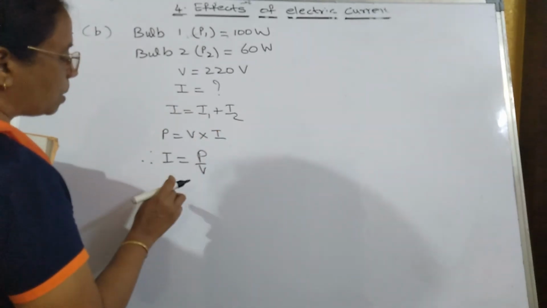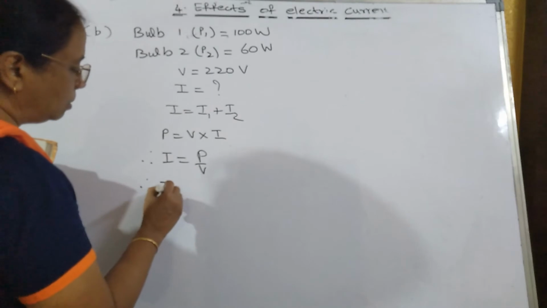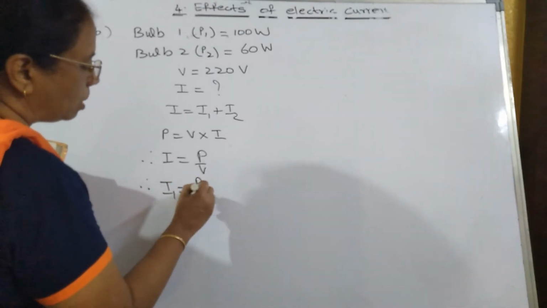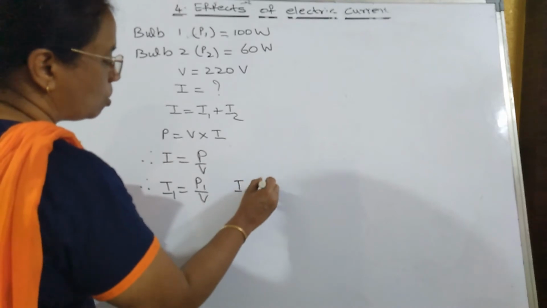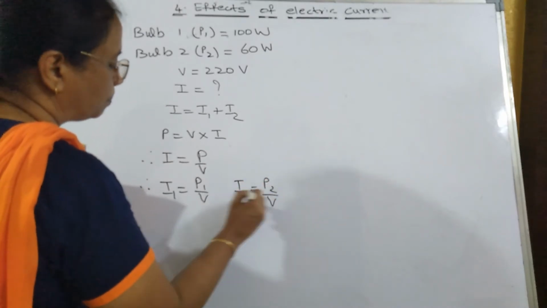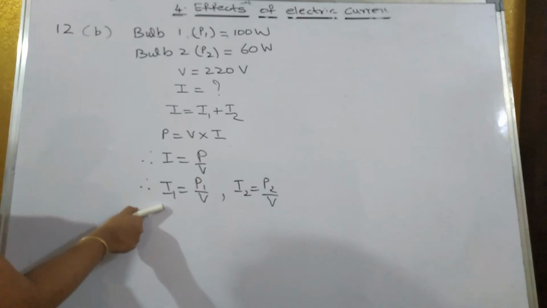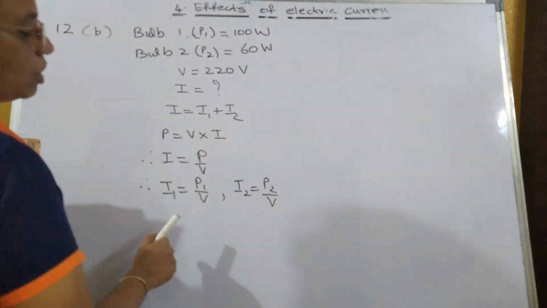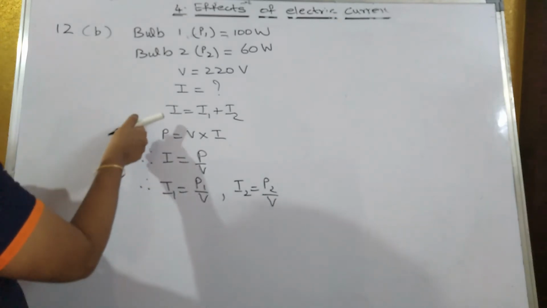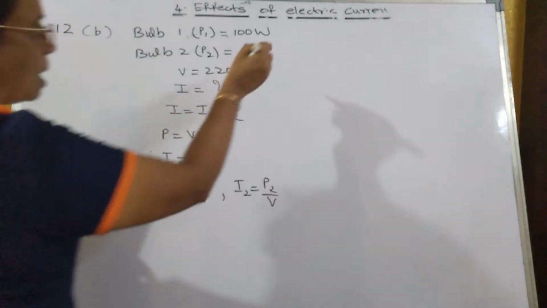Therefore I1 is equal to P1 upon V, and similarly I2 is equal to P2 upon V. So we find the current for bulb 1 and bulb 2 separately, and then the total current, that is I1 plus I2.